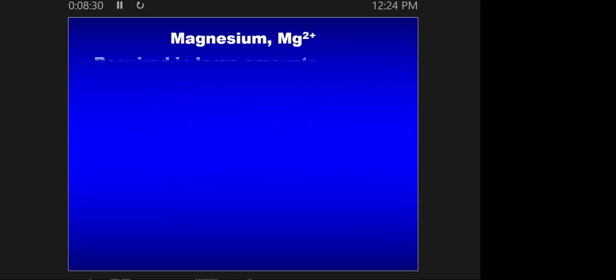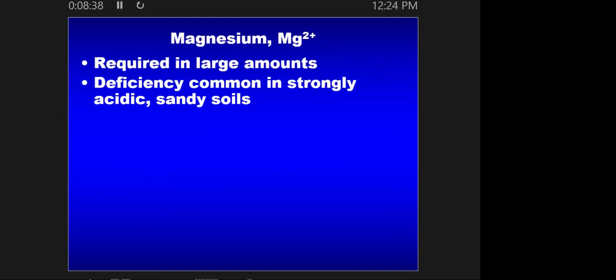Magnesium, very, very important. Required in large amounts by the plant. Mg2+ is usually the form. It can be common to be deficient if you don't have a good control on your soil pH, so more acidic than 5.5, or if you have really sandy soil, it's going to leach through with the water.